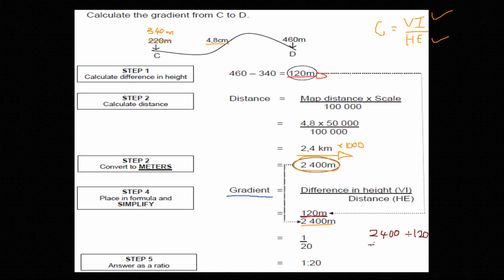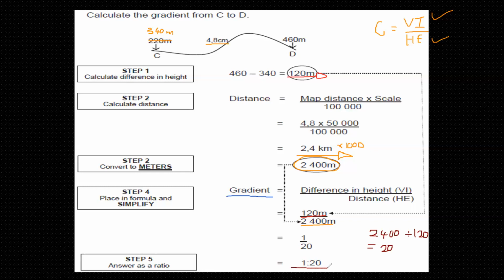And that will give you an answer of 20. So again, we want to make it a ratio. So you put 1 over 20. And again, you bring it down to be 1:20. Okay, and that will give you your final answer.